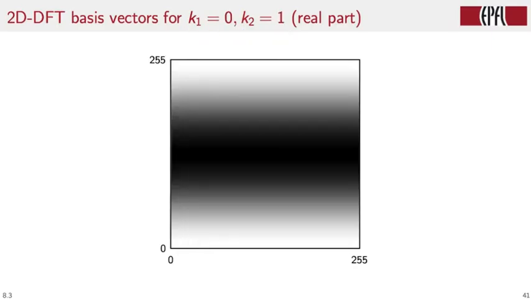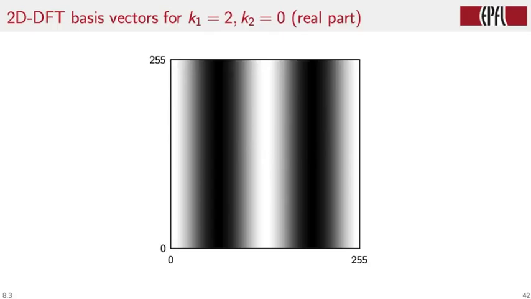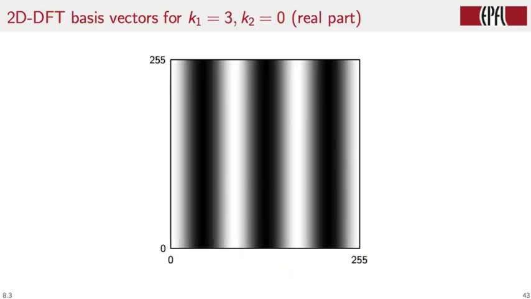We can invert the roles of the vertical and horizontal frequency, and we get an image which is simply a 90-degree rotation of the previous one. We can increase the horizontal frequency. At this point, for K1 equal to 2, we will have that the basis function spans two periods over the support of the image. This would be 3 periods.